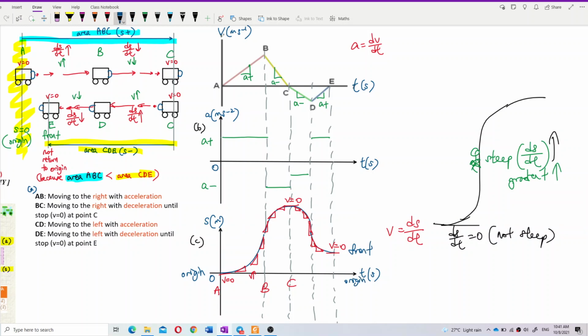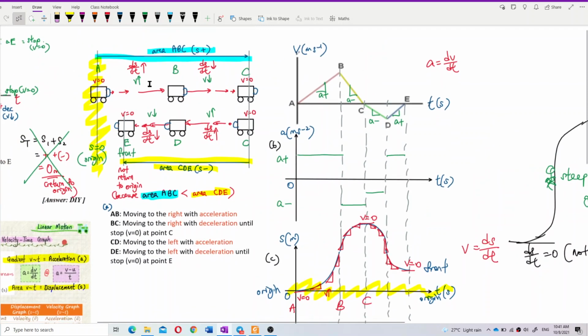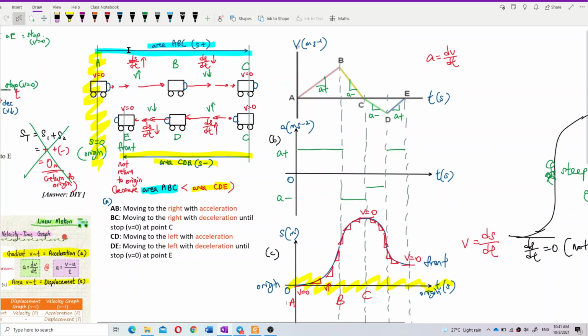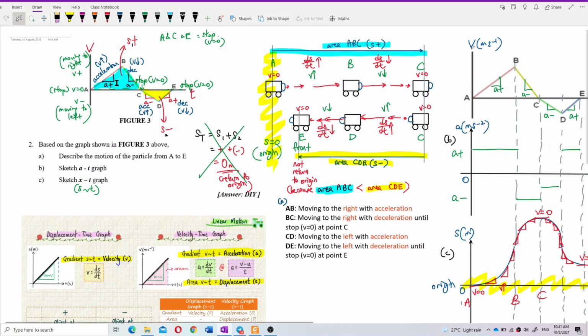The time axis here is the origin. Why does the graph not go back to the origin? I told you already, because of the area, how far it moved to the right. The distance it moved to the right is more than the distance it moved to the left.